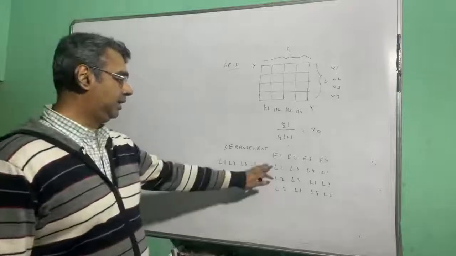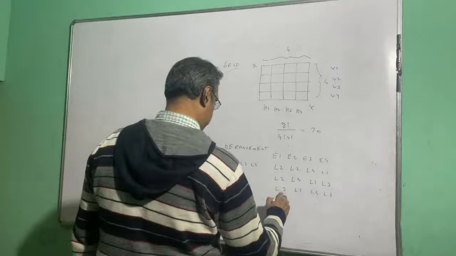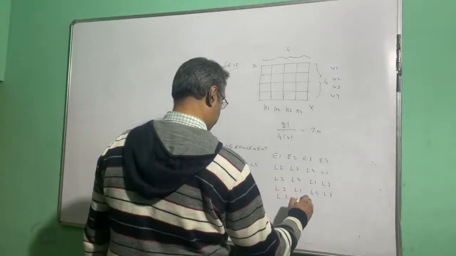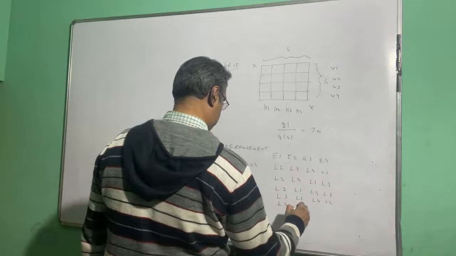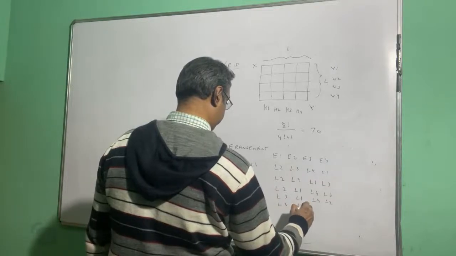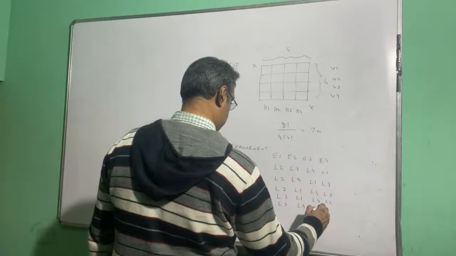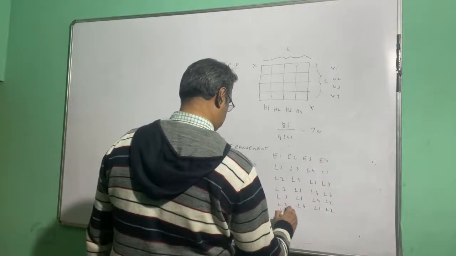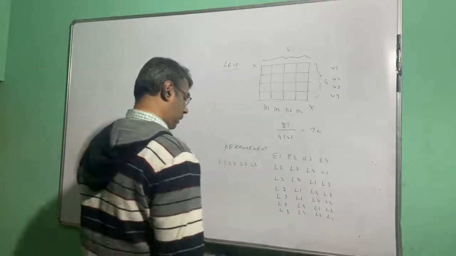So these are 3 derangements in which L2 goes in E1. Similarly, you can have L3, L1, L4, L2. You can have L3, L4, L1, L2, and L3, L4, L2, L1.